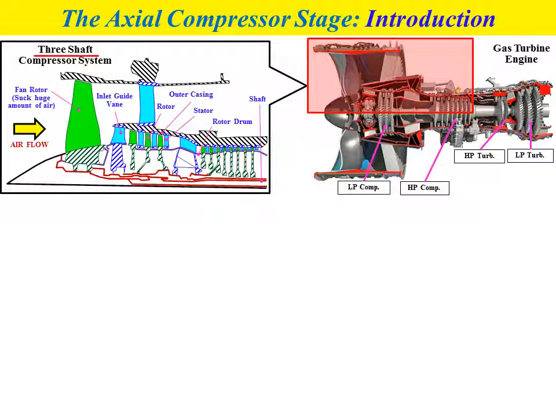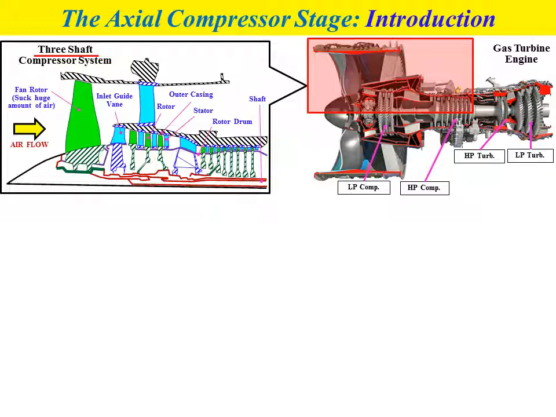So why do we call it a three shaft compressor system? We call this compressor a three shaft compressor system because the rotors of the compressor are located on three different shafts.